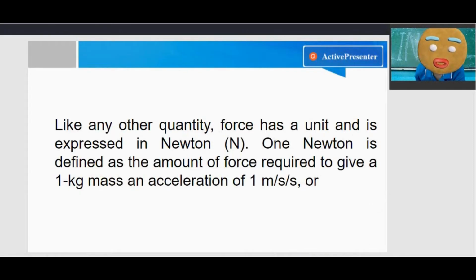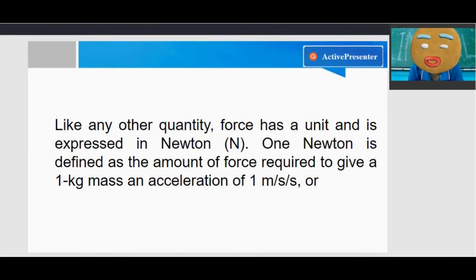So, like any other quantity, force has a unit. Kagaya, for example, the unit of weight is kilogram. So when we say 1 kilogram, but when we speak about force, the unit is Newton, N. So in a magnitude of 1 na force, we say 1 Newton.